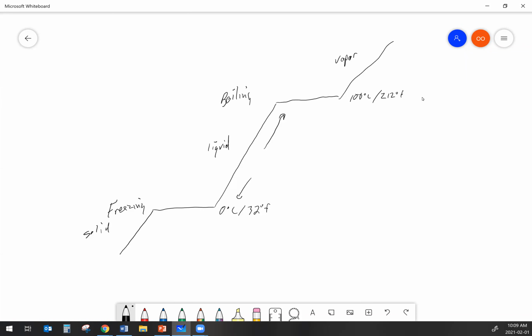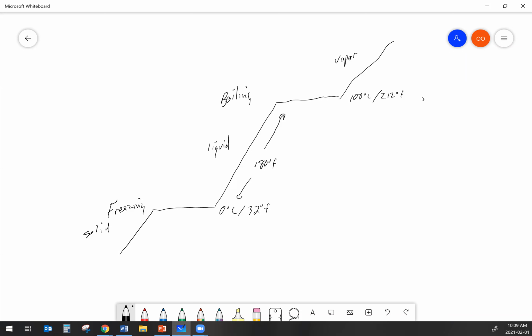The temperature change that we can measure with a thermometer is called sensible temperature. And there is 180 degrees Fahrenheit of change in sensible temperature between freezing and boiling. That's 212 Fahrenheit minus 32 degrees Fahrenheit.